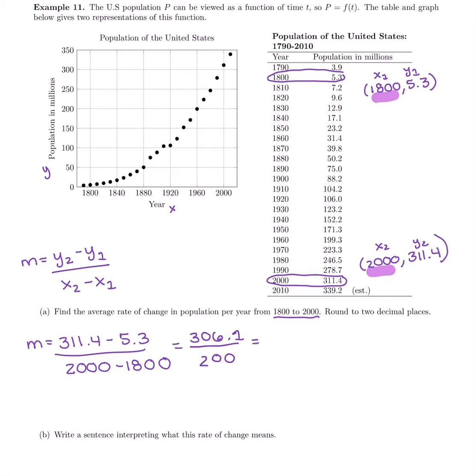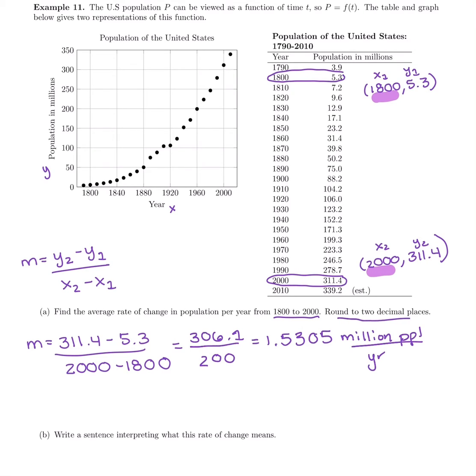And when I divide those, I'm going to do 306.1 million people divided by 200 years, means the average rate of change is 1.5305, and that's million people per year, right?